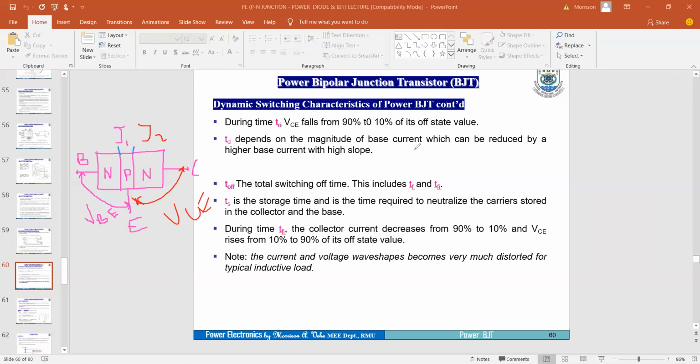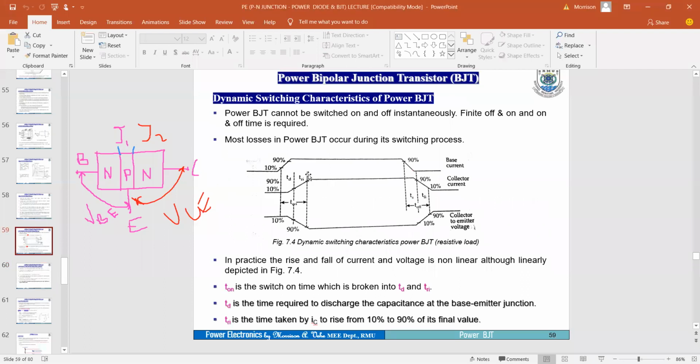So when you are looking at this, for instance, the thing is conducting. From 90, it will fall, or reduce, to a certain value, like we have here.